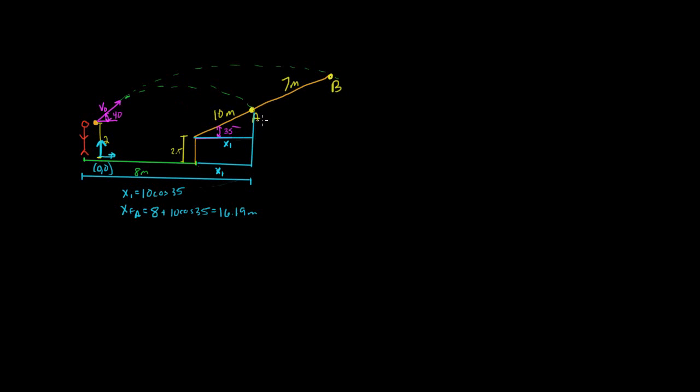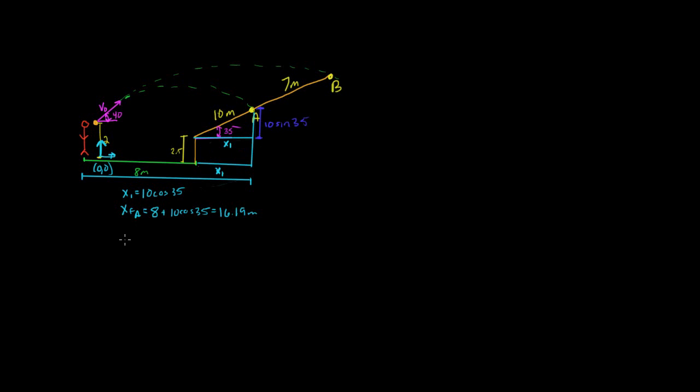Likewise, we need to do the same thing with the y direction. How far up is point A from the ground? Point A is this 2.5 meters right here, plus this distance right here, which is 10 times the sine of 35.